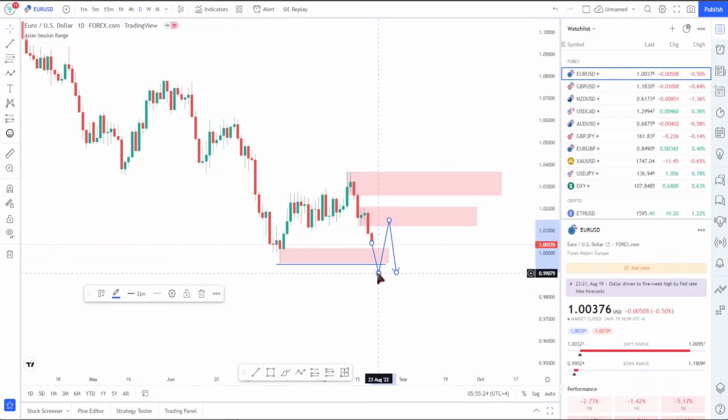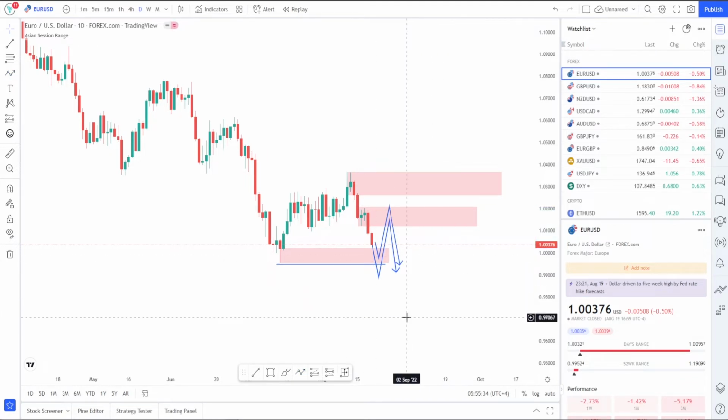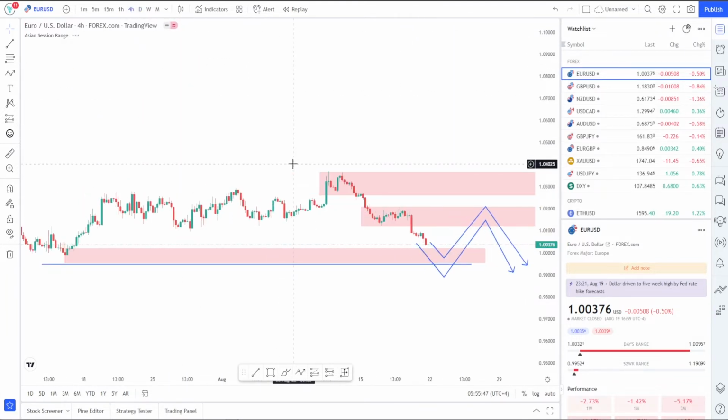So this is one of the plans. Either the market breaks below it or the market reacts off here. These are the possibilities, and it can be any one of these supply zones for the sells.